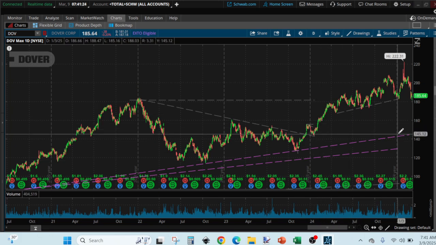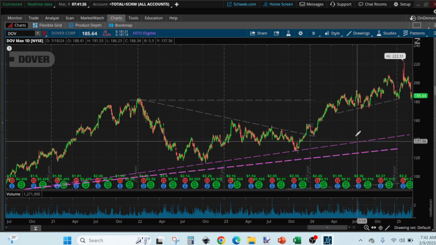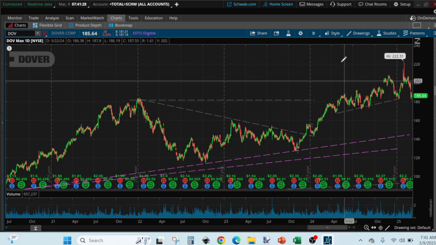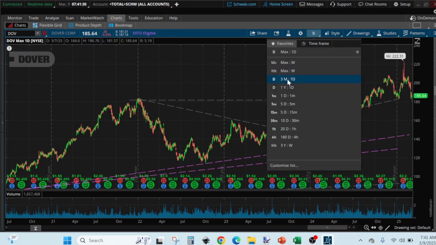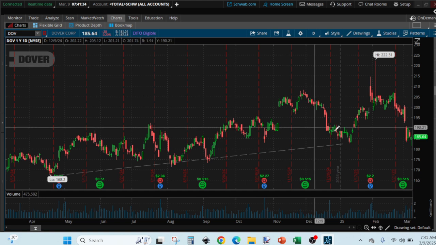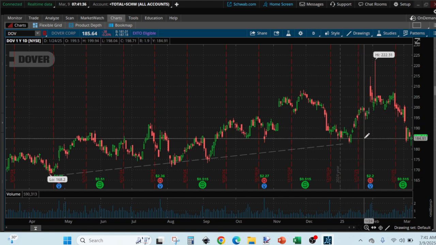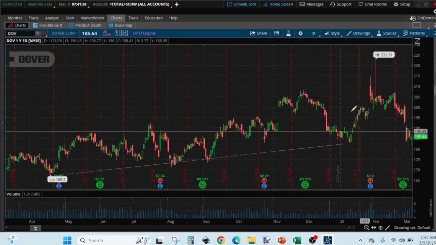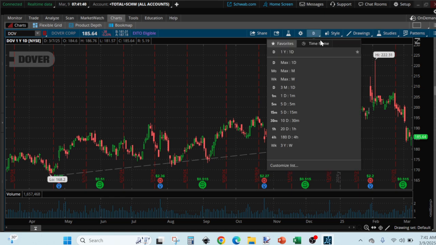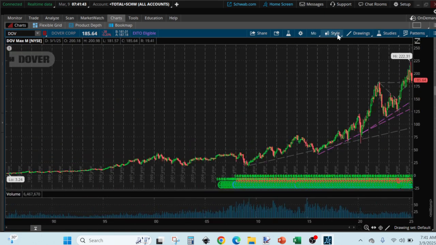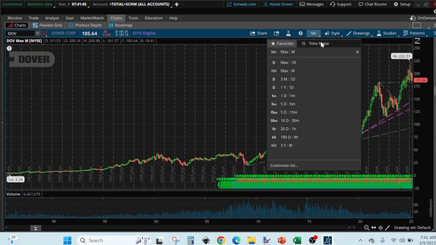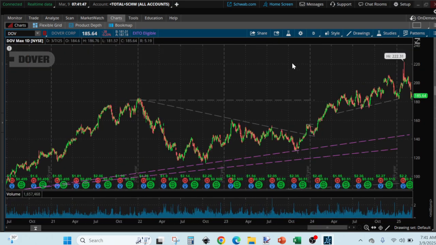Otherwise, within a 1 year time frame, we may not see those. And those support lines or trend lines are our entry points. You cannot see them on a 1 year daily chart. Let's go to the maximum daily chart.